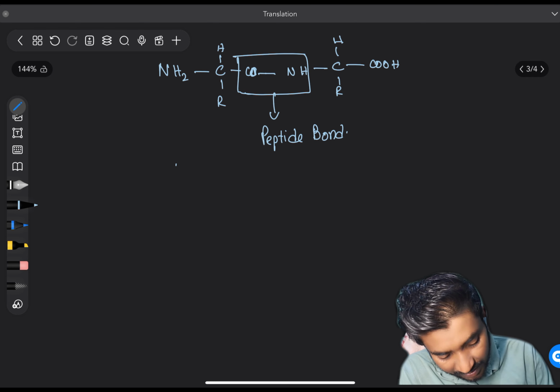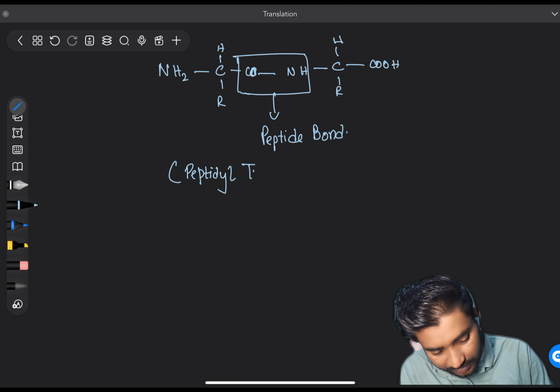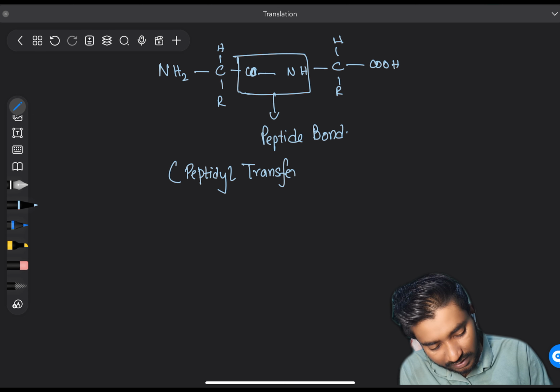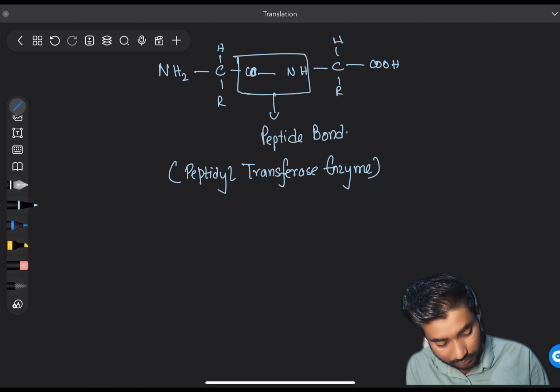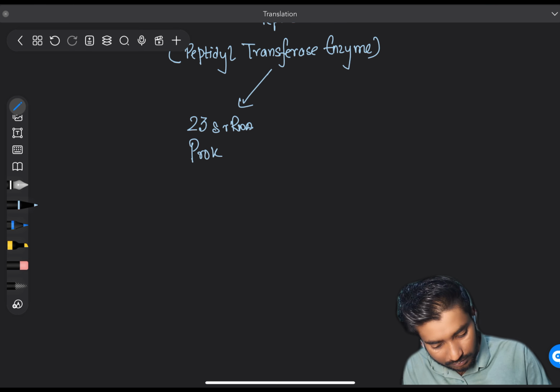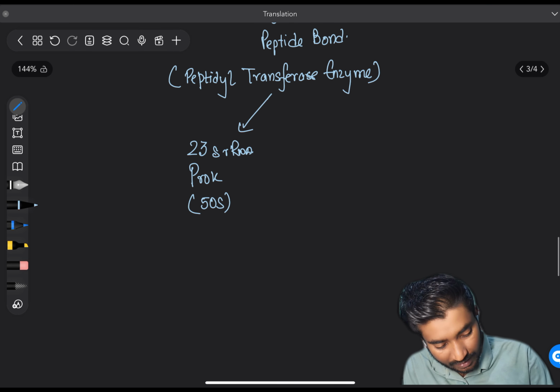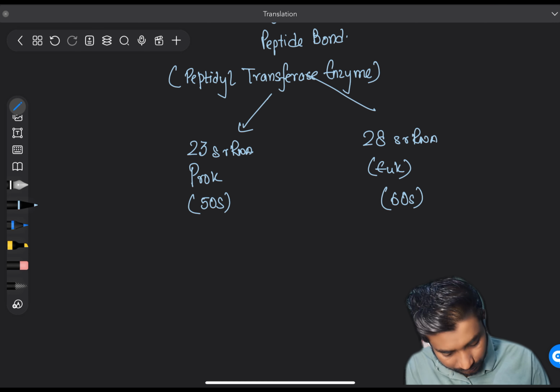Now what happened? By the enzyme peptidyl transferase. It happens by the 23S rRNA in prokaryotes, which is in the 50S part, and here the 28S rRNA in eukaryotes, that is in the 60S part.